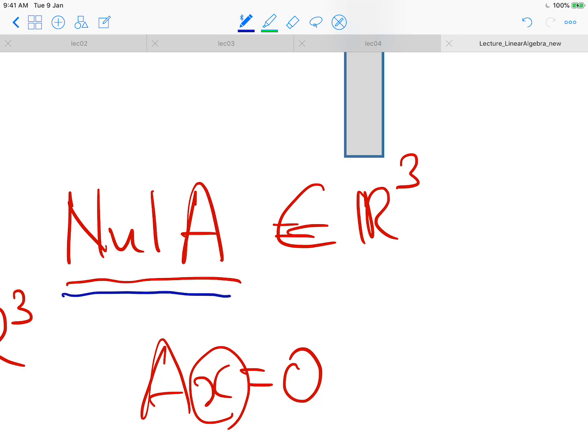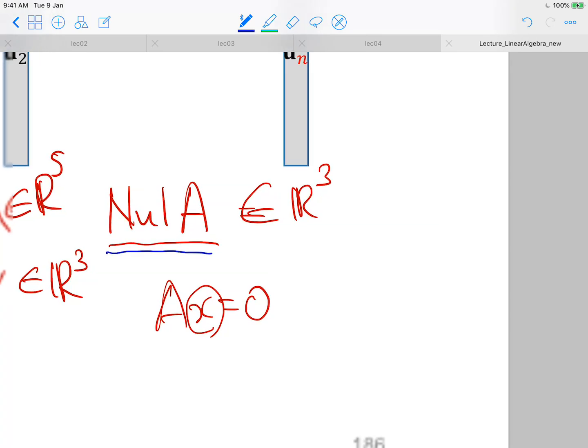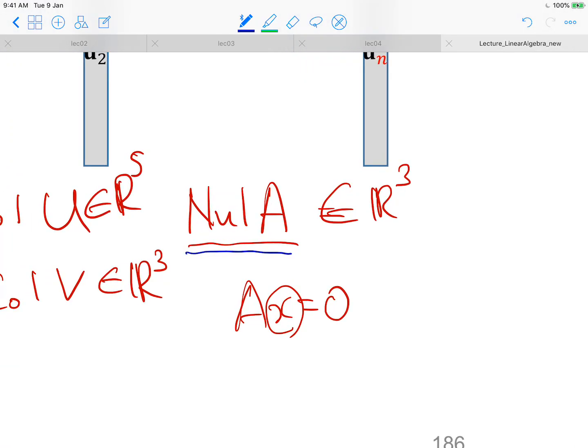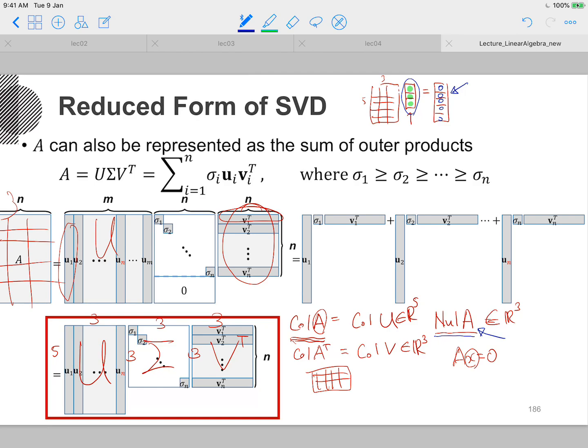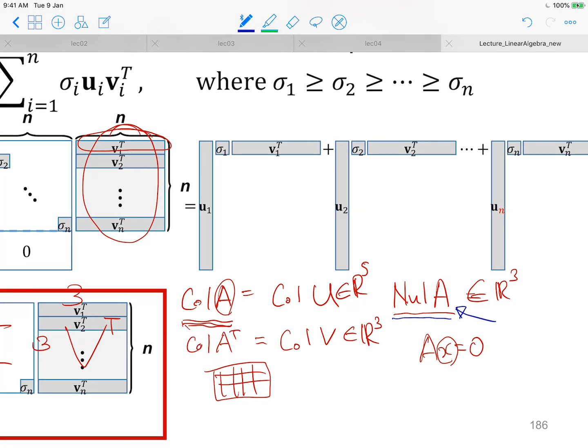But once you obtain the SVD, you can naturally obtain a clean, orthonormal basis for this null space as well. It is a 3-dimensional space, so intuitively the basis comes out of this V part, because we are dealing with a 3-dimensional space.